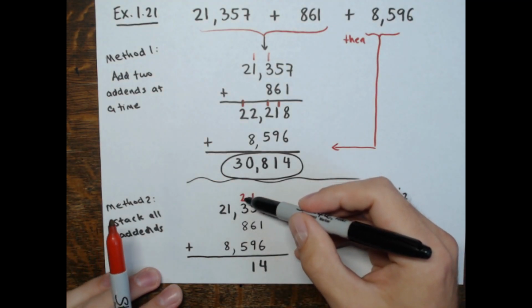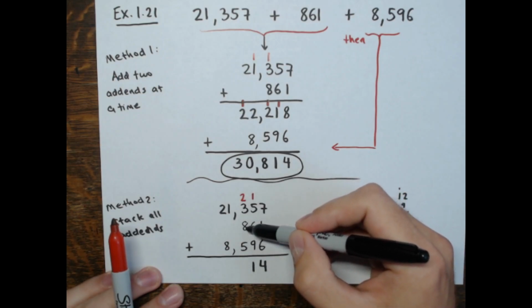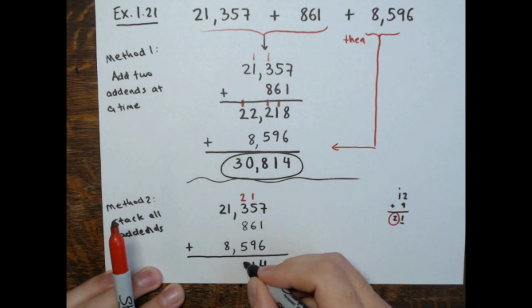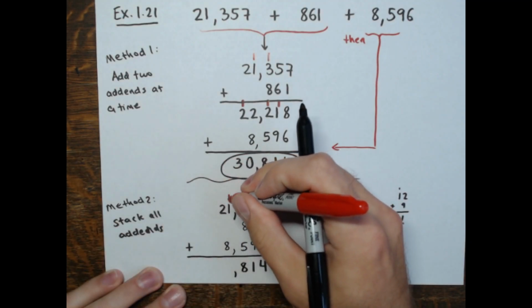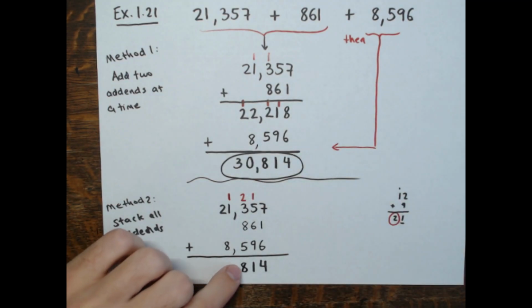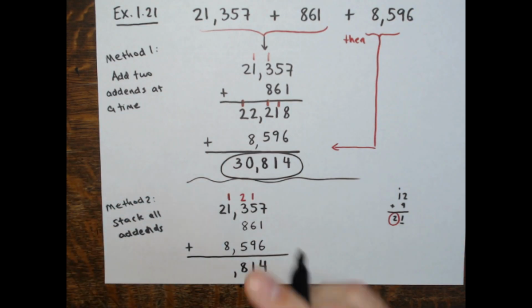All right, so now in the hundreds place, 2 plus 3 is 5, 5 plus 8 is 13, and 13 plus 5 is 18. So that's 8 here, and then 18 has a 1 in the next place over, so that's 8 hundreds, and then 1,000.